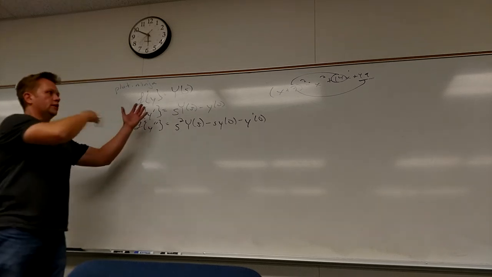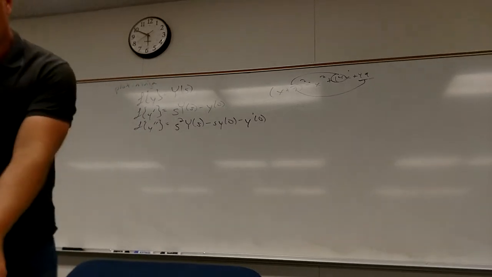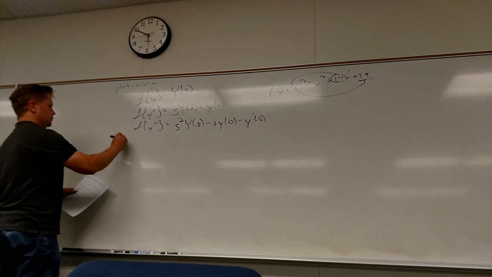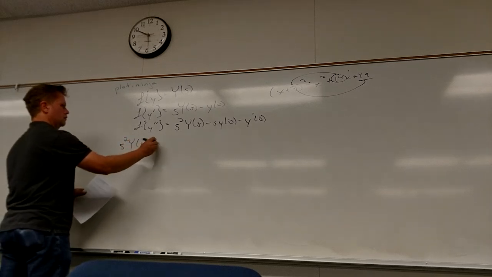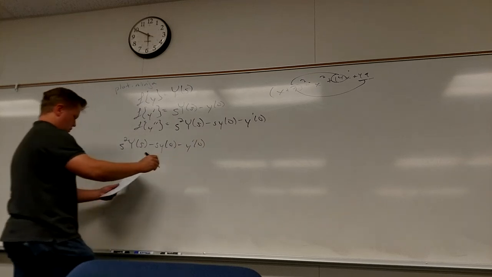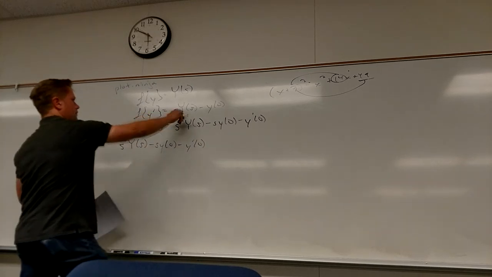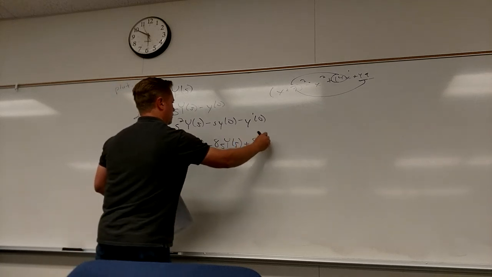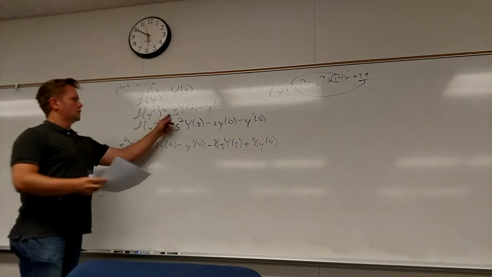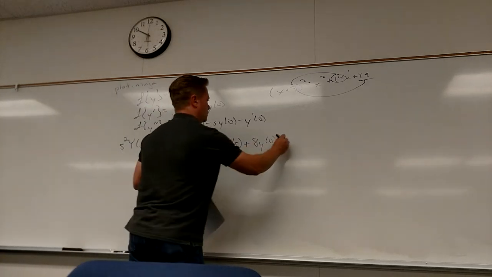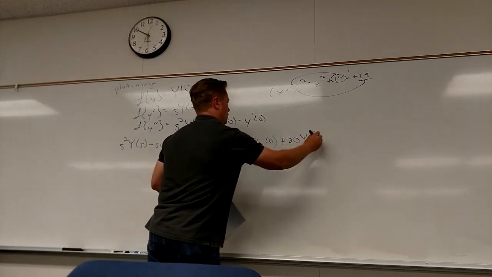And I just got to throw that in here. So y double prime becomes this business. And then I've got minus 8 times this, and then I've got plus 20 this. Gather.